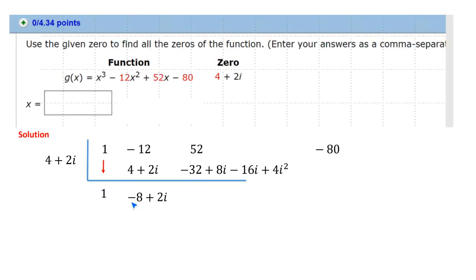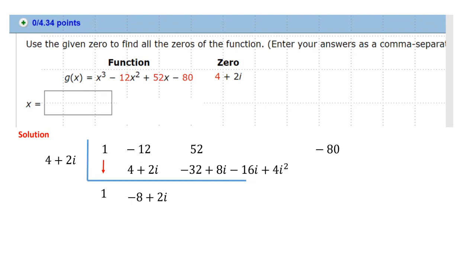So we get 4 times -8 is -32. 4 times 2i is 8i. 2i times -8 is -16i. And 2i times 2i is 4i squared.